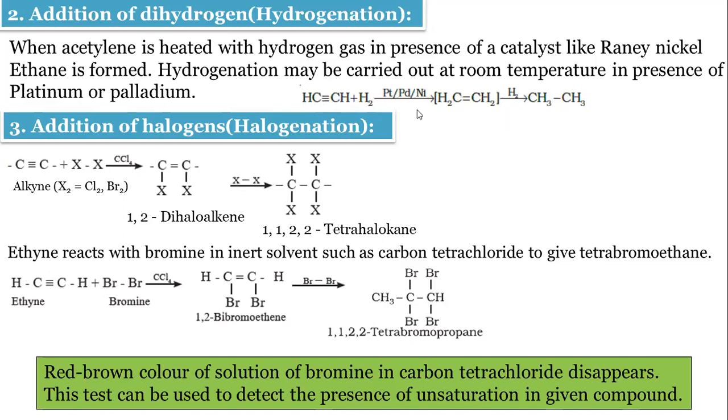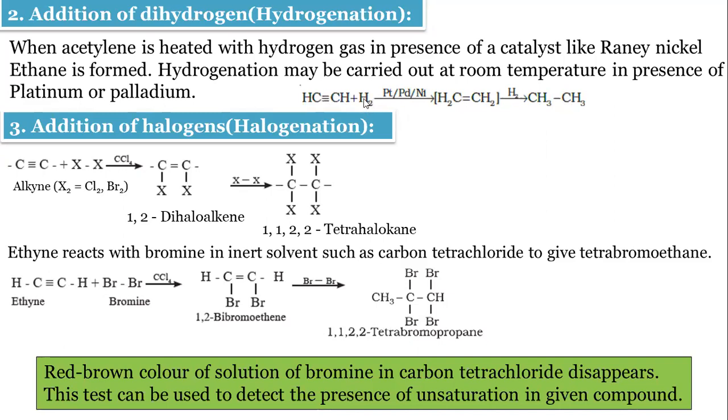This reaction was already completed in the methods of preparation of alkanes from hydrocarbons. What is the role of platinum and palladium? These are the catalysts, and this is catalytic hydrogenation, meaning addition of hydrogen in presence of catalyst.